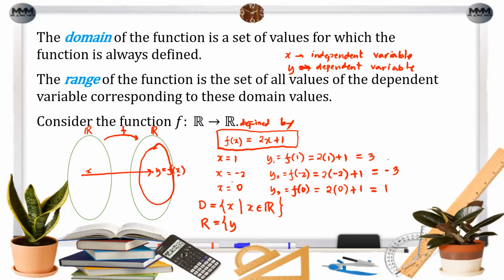So there are infinite values of y when we assign any real number to x, and those values are all real numbers. If we assign any real number here, the resulting value is a real number. Hence, our range is the set of all the values of y, where y is a real number.